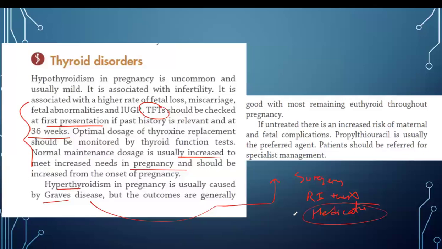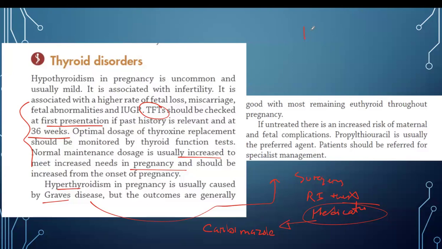So what medication do we normally give in a non-pregnant patient? The common medication is called carbimazole. But carbimazole has a high risk of fetal abnormality if you give it during the first trimester. As you know, the 9 months of pregnancy is divided into 3 trimesters.